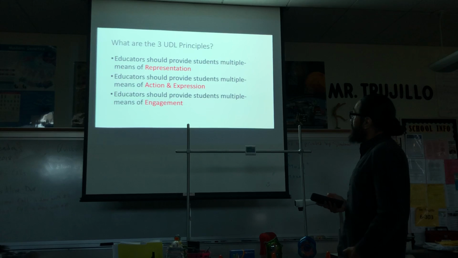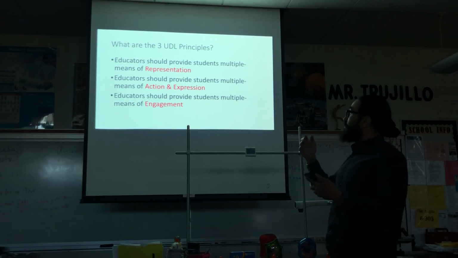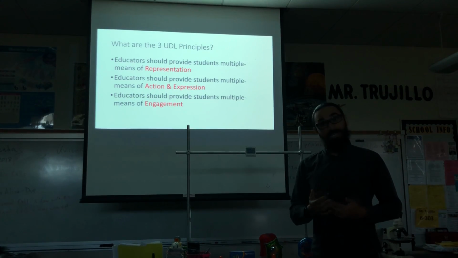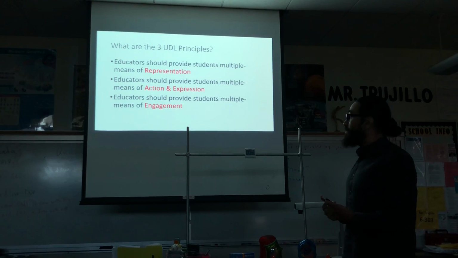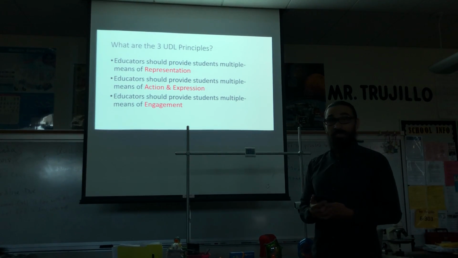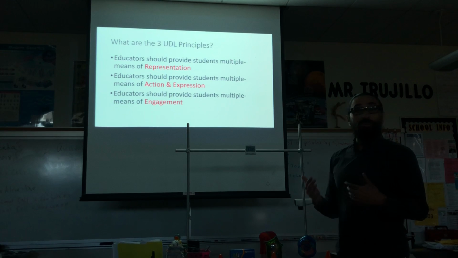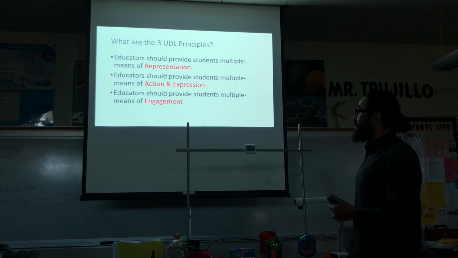So what this means for us is that UDL states that us as educators, based on that diagram I showed you, we need to be able to provide students opportunities to learn in multiple means, as the textbook calls it.